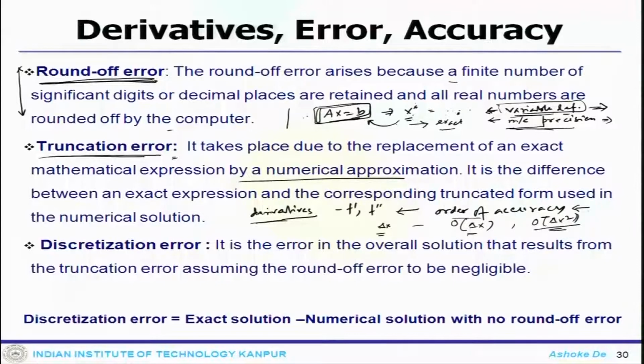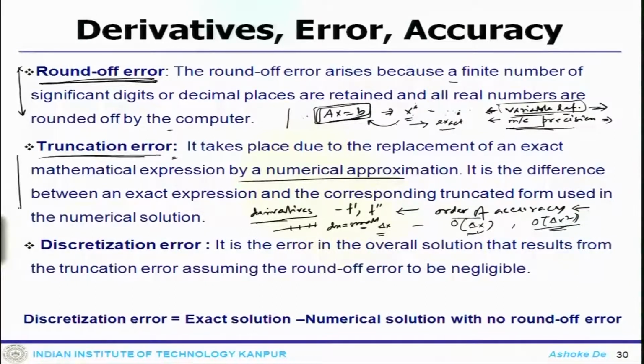The other way is that you refine the grid. If your delta x is really small, then the first order term or the delta x square term would be much smaller. Once that is there, then the truncation error will also be reduced.